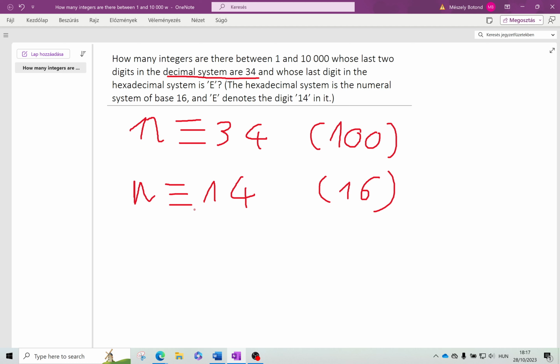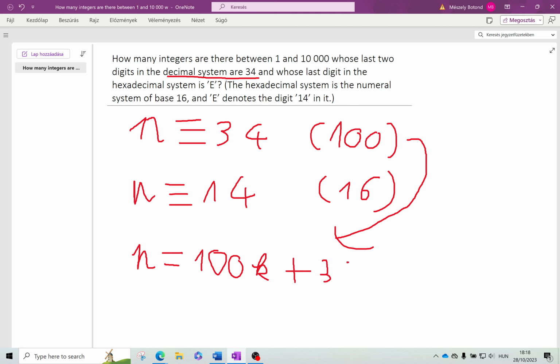From this one, we can write that n equals 100 times k, where k is a whole number, any integer basically, plus 34.